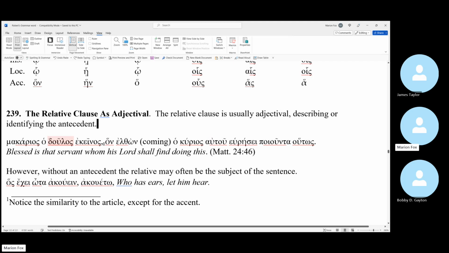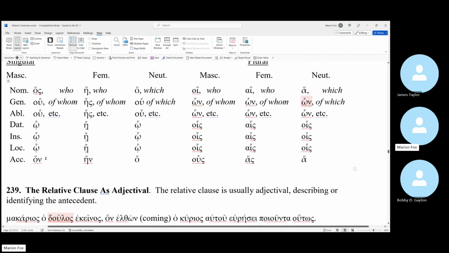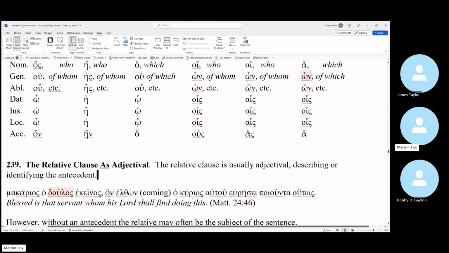The case used here is the accusative case. Notice here, whom, right here, that's your accusative form. Coming, that's the participle. I don't think we've had participles yet. Ho kurios, the Lord of him, his Lord, finds doing thusly. This is an adverb of manner.